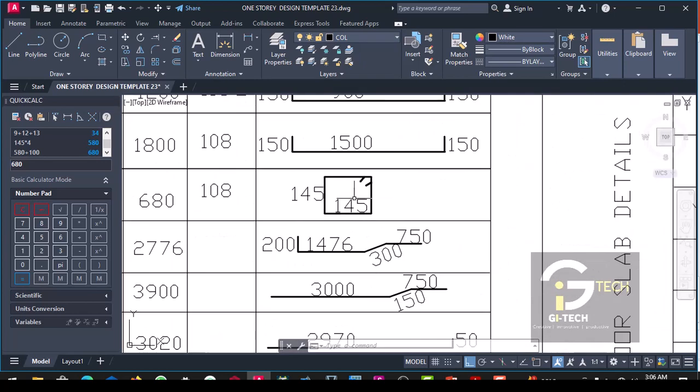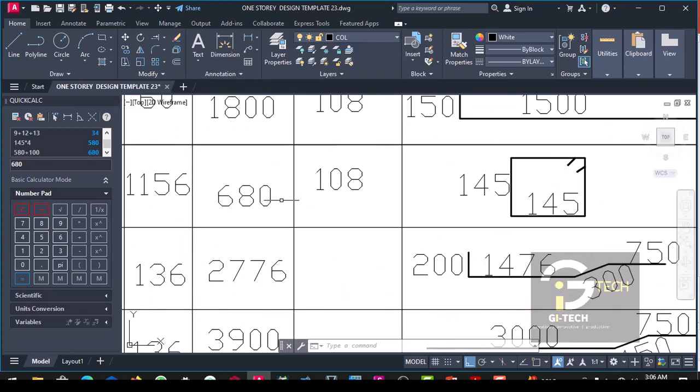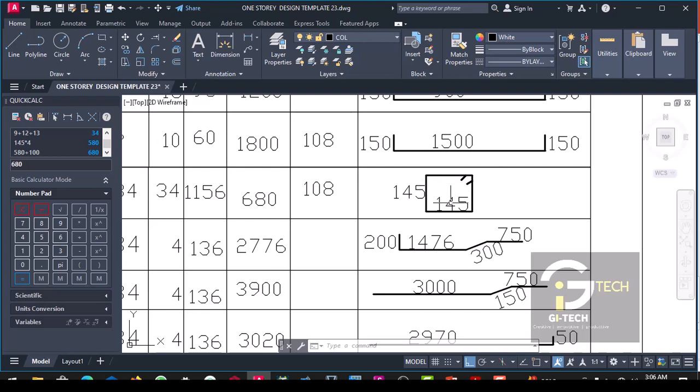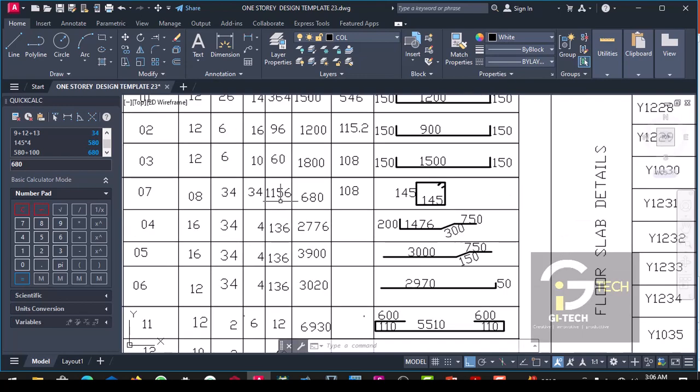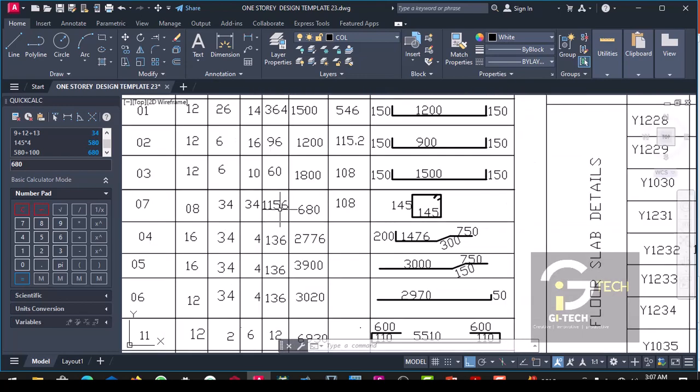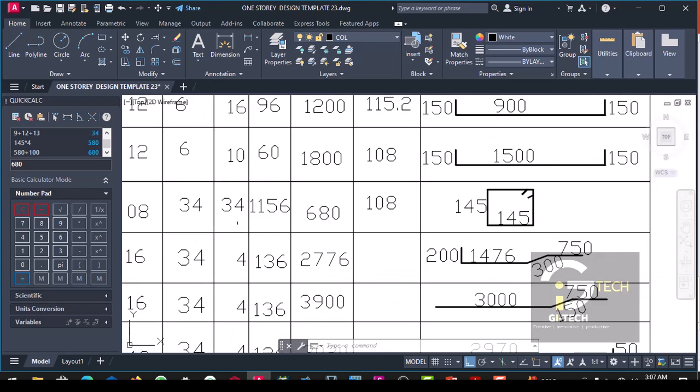So 680. For us to calculate the total quantity of this stirrup reinforcement, we have to multiply the cut length, which we have just finished calculating, for one of it by the total number of that reinforcement. So this will be 1156 times 680. You divide this by 1000 to convert it to meter.